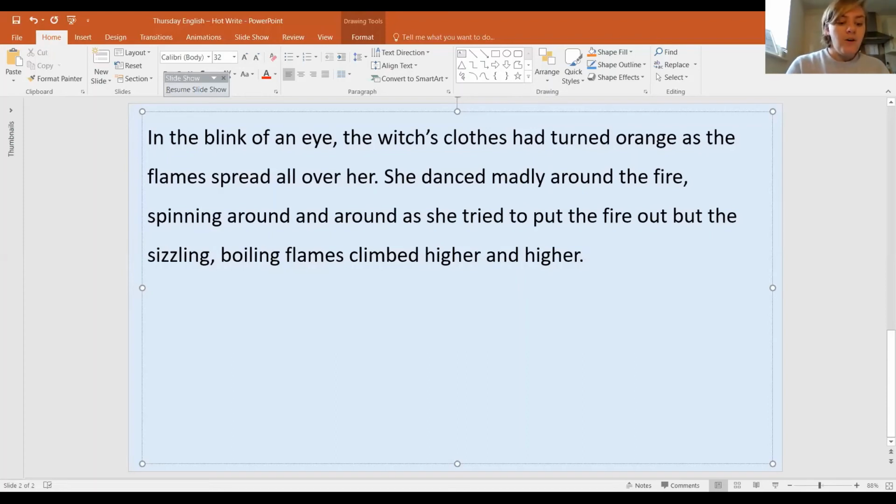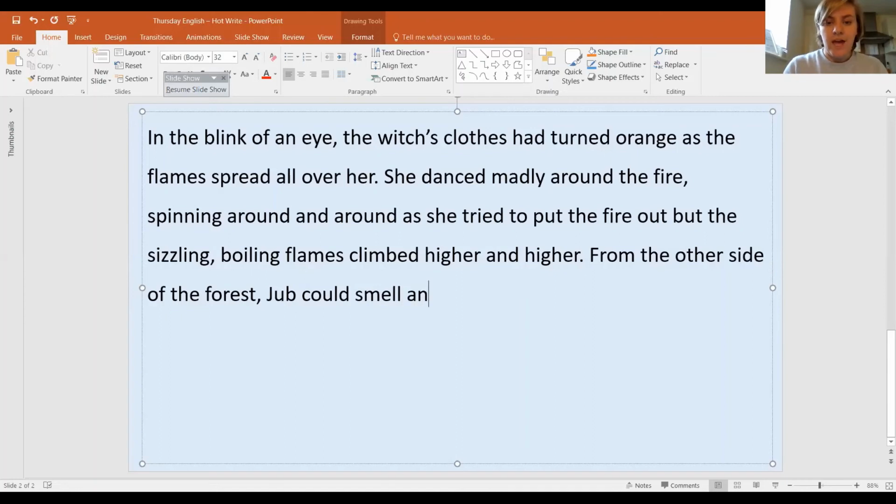So, from the other side of the forest, comma, where Job was, Job could smell a strange, comma, burning smell floating in the air.